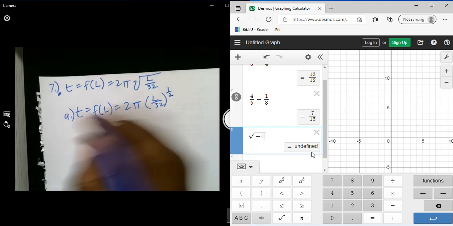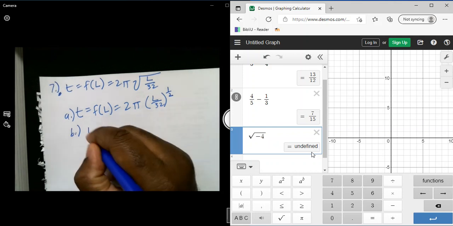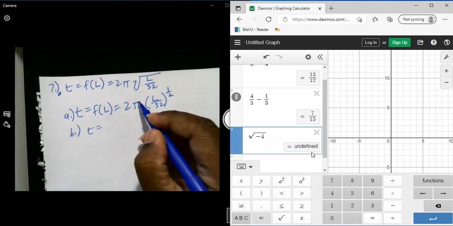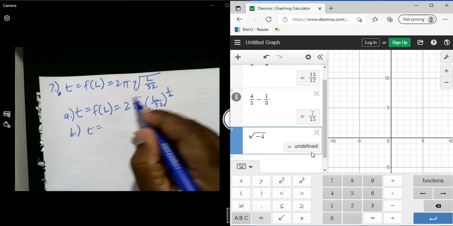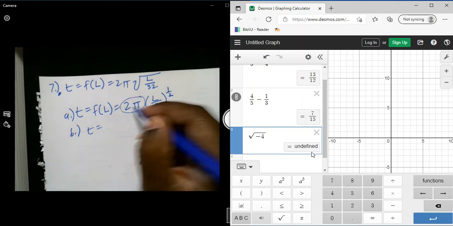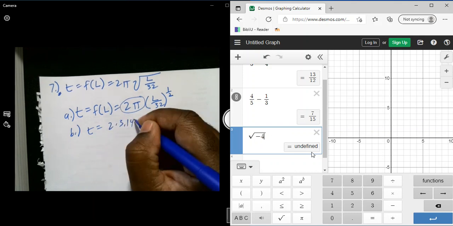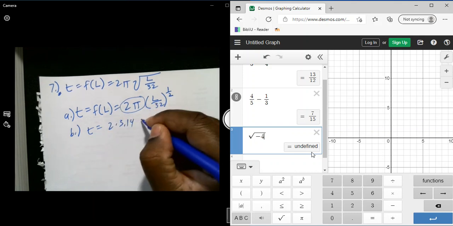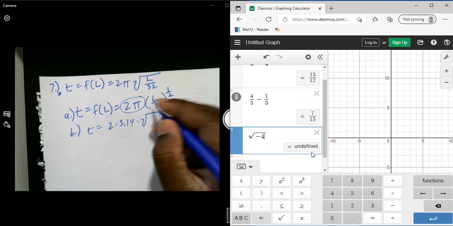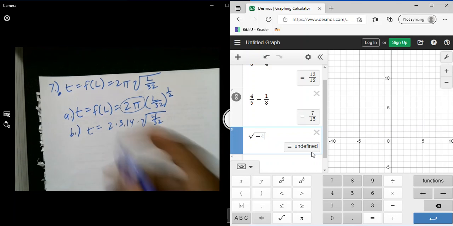Now we do B. It says determine the length of the cycle in time if the pendulum is 4 feet long. So we had T is equal to, now what they want us to do here is assume that pi is 3.14. So 2 times 3.14 and then times the square root of L, which is 4 over 32.